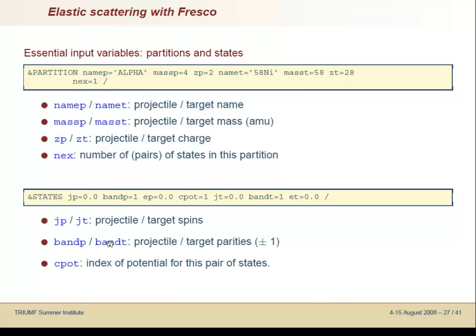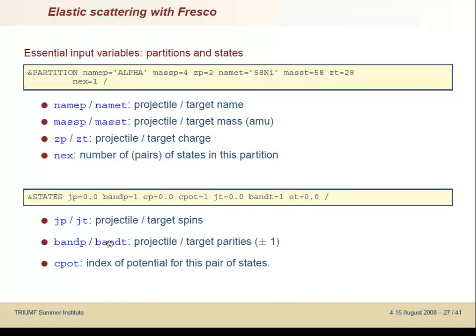For kinematical considerations, like calculating the wave number and so on, the reduced mass that you have in the Schrödinger equation, where you have h bar squared divided by 2 reduced mass, this information will be taken from this partition namelist. So these are the physical masses, mass P, mass T, for all the kinematics.